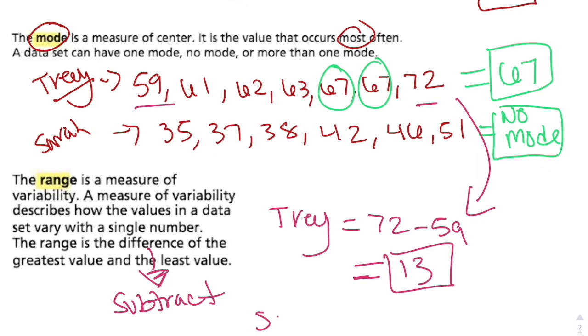And now for Sarah. Her largest number was 51, and her smallest was 35. So I'm going to subtract these two, and Sarah's range is 16. Again, range is just showing you how much our data values can vary by.